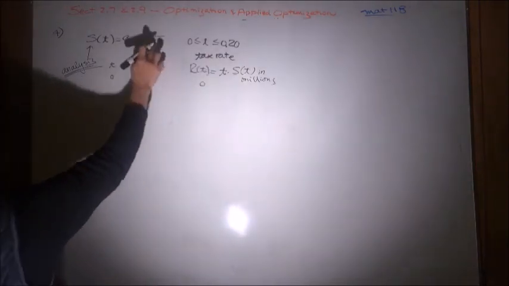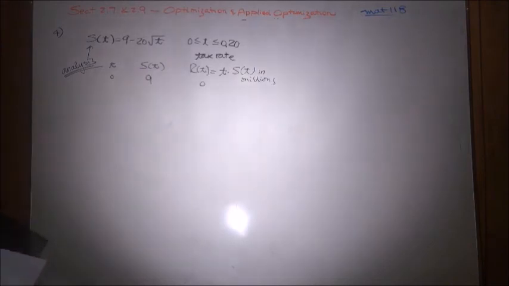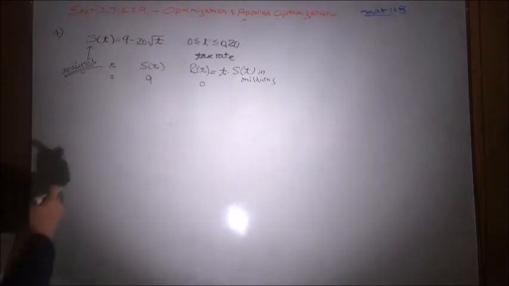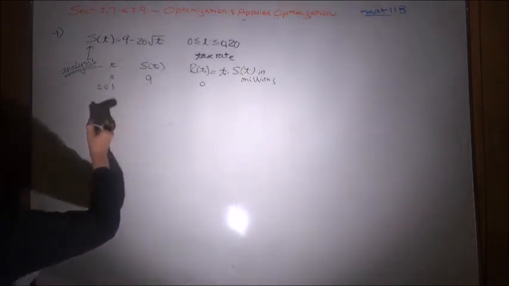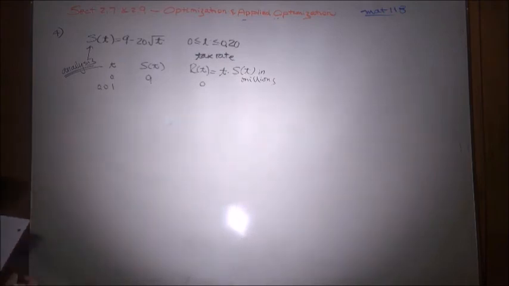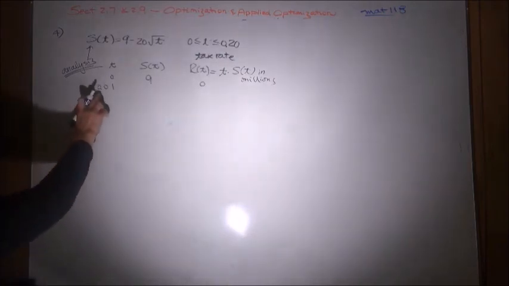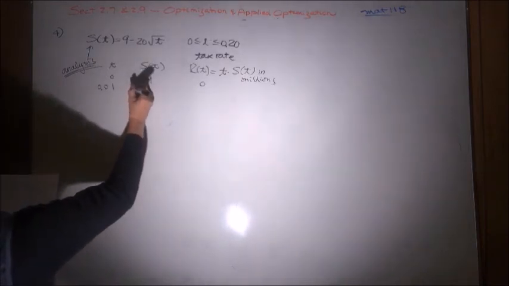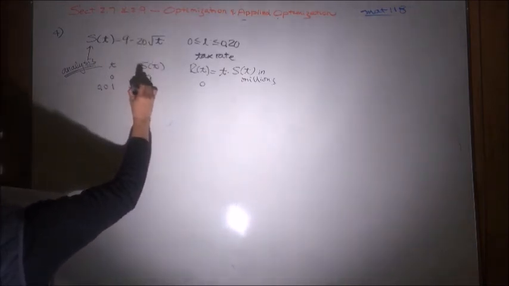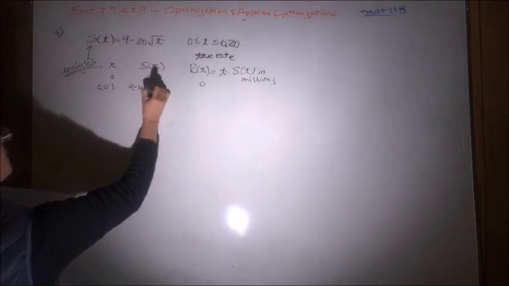So you plug in 0, sales will be what? 9 million dollars. So if you do 1 means what? 0.01, right? Actually, it's 0.01. So if you plug in, that would be what? 9 minus 20 times 0.01.